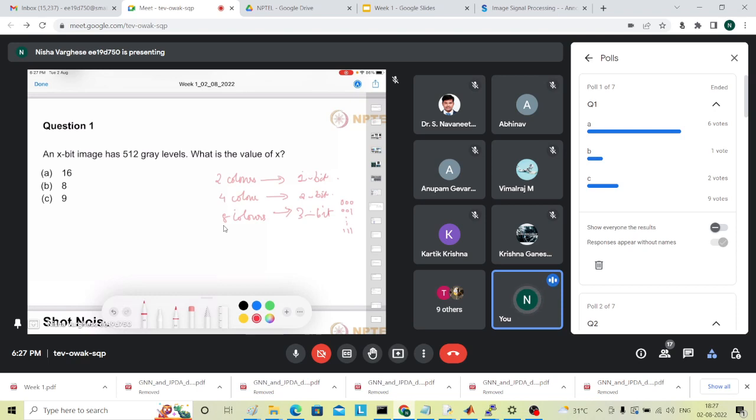So 8 colors for a 3 bit image. If we have x bits, how many colors will be there? 2 raised to x. Now what would x be if 2 raised to x is equal to 512? x is 9. Any doubts?